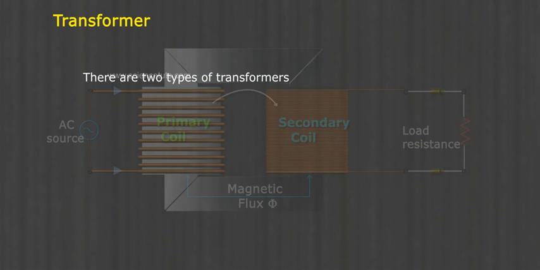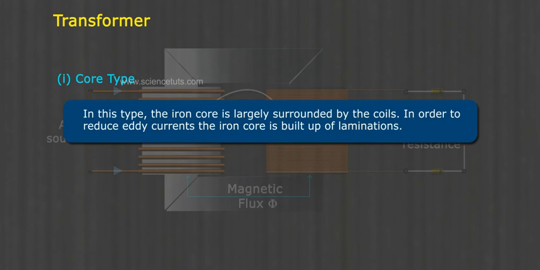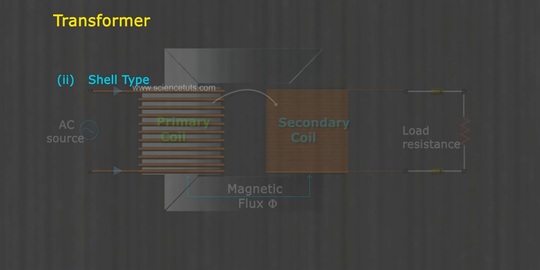There are two types of transformers: 1. Core type and 2. Shell type. 1. Core type. In this type, the iron core is largely surrounded by the coils. In order to reduce eddy currents, the iron core is built up of laminations. 2.